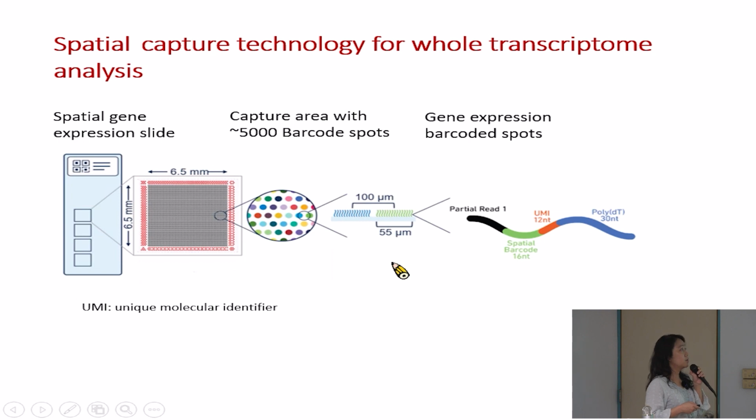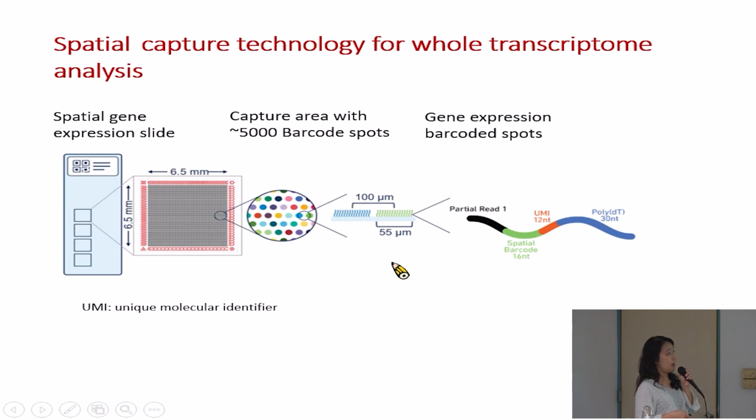So this spatial capture technology will capture the whole transcriptomics analysis. It uses a special gene expression slide. You can see that this slide is very small, and we have to put the specific tissue on this small slide. And this slide is coated with a capture area with 5,000 barcode spots.